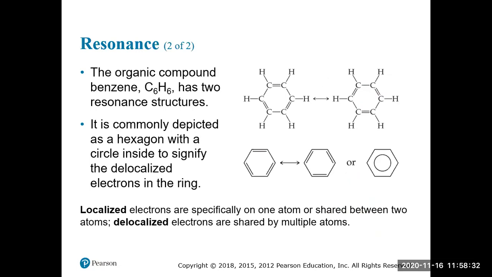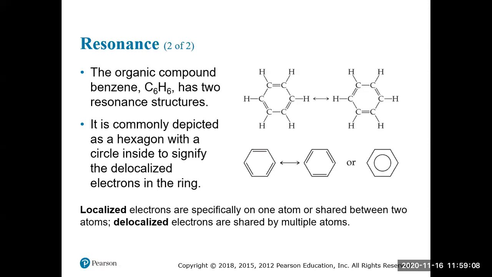The reality is neither one of these is actually correct. For benzene, it really isn't an alternating double and single bond. That's why often you see, over here on the right-hand side, the 6-member ring drawn with a circle in the middle. The circle is really a better representation than the alternating double and single bonds, because the electrons are actually shared by more than just two atoms.